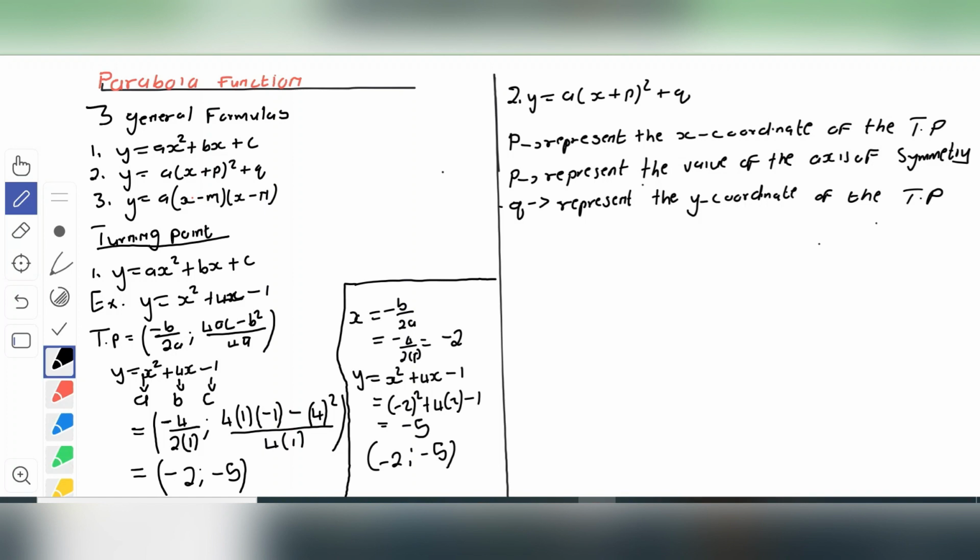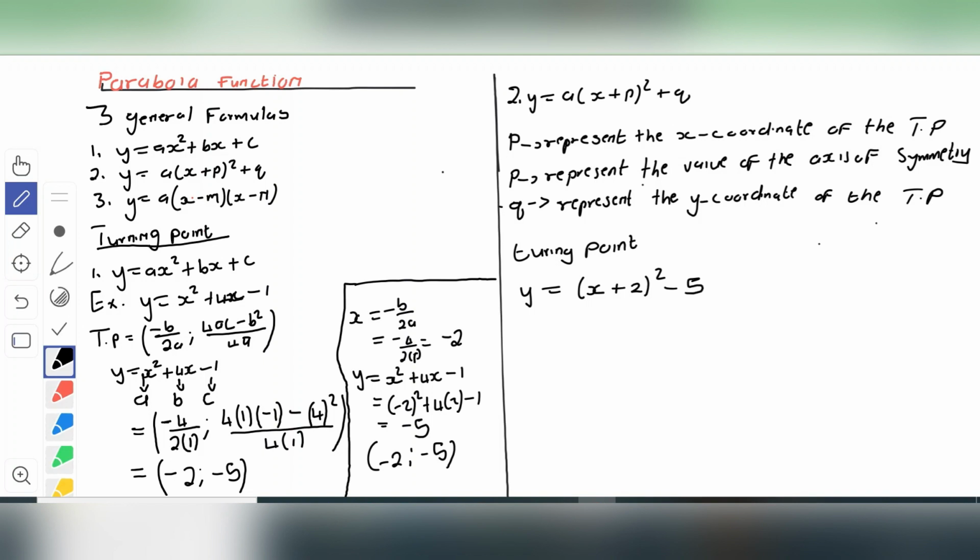So now here's the equation. Let's say, for example, remember we're still on the turning point, guys. Let's say we're now given y is equal to a into (x plus 2) squared minus 5.